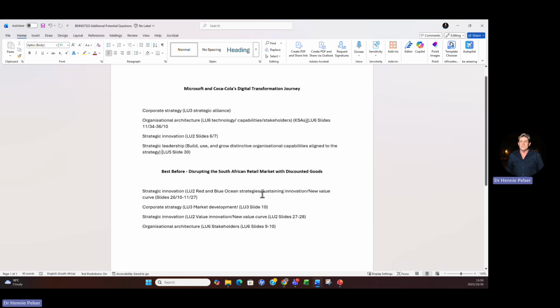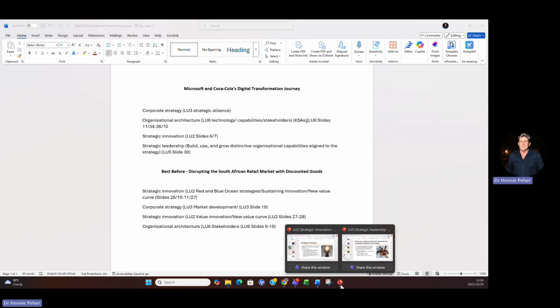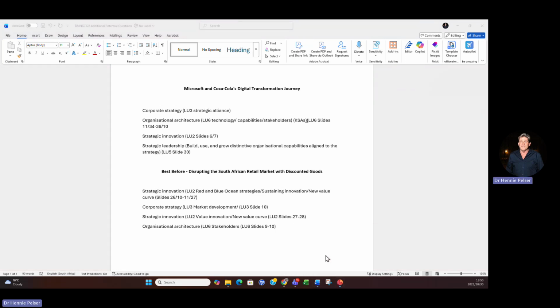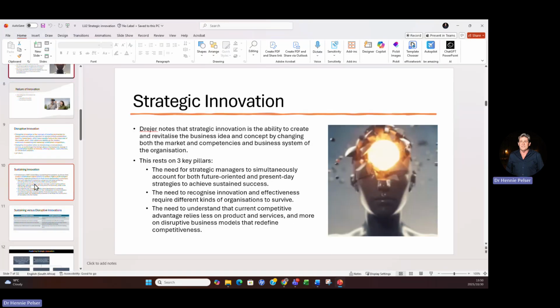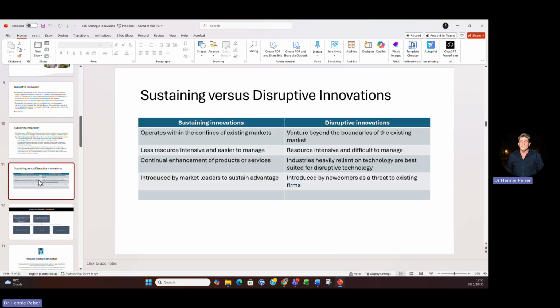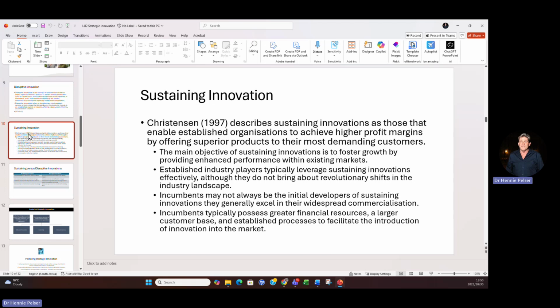And then definitely elements around sustaining innovation. If I look at sustaining innovation, it's slides 10 and 11. Certainly this idea of using what we have and improving our approach to dealing with existing customers.